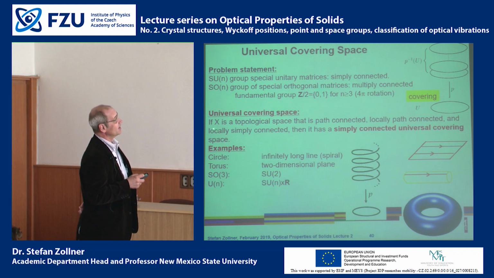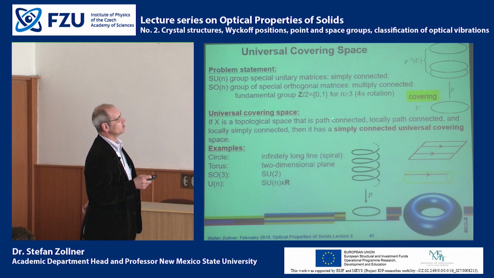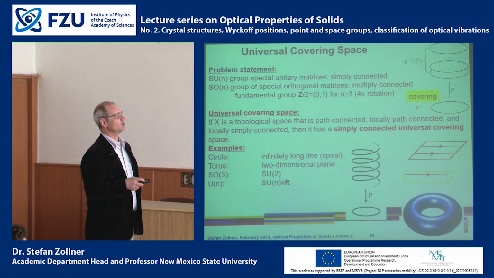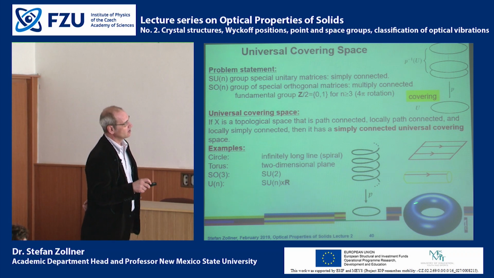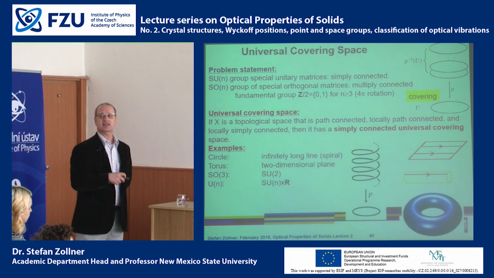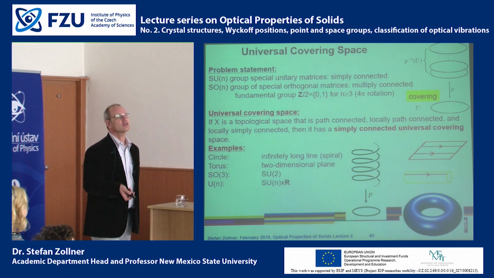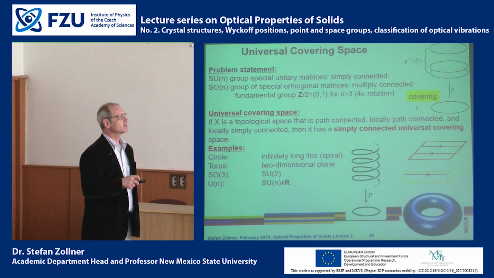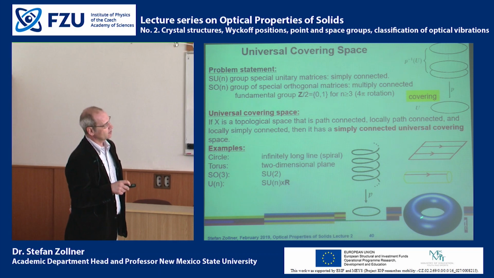So now, if I have a topological space which fulfills a number of conditions, then I can find a covering space which is simply connected. So even though the torus is not simply connected, I can find a covering space for the torus which is simply connected. And how do I do that?